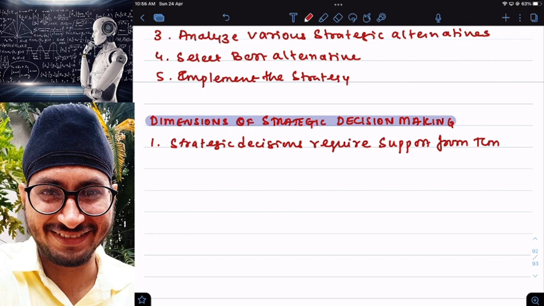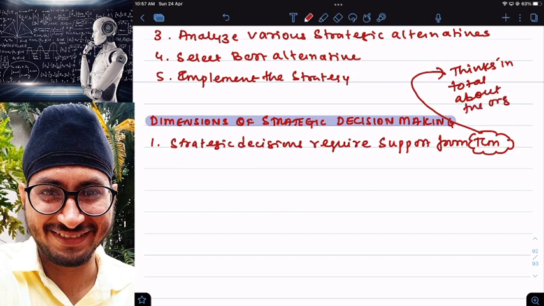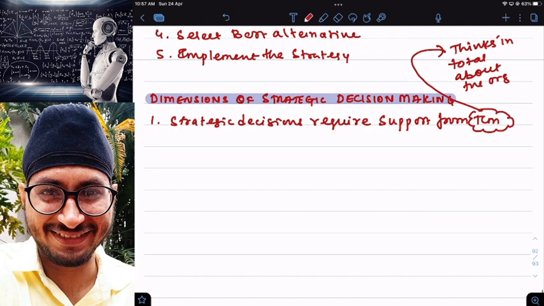These decisions require support from top level management. Why? Because top level management thinks in total about the organization. If I want to ensure that all the components are covered, then strategic decisions require which support?